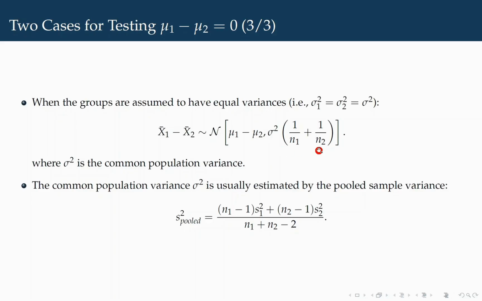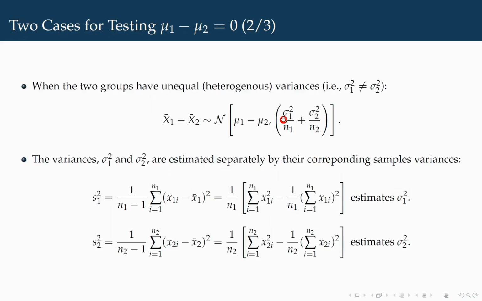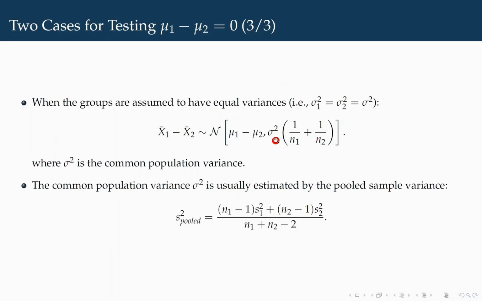Here we have sigma 1 square over n1 plus sigma 2 square over n2. If sigma 1 square is sigma square and sigma 2 square is sigma square, then you have sigma square over n1 plus sigma square over n2. Then this can be written as sigma square times 1 over n1 plus 1 over n2.